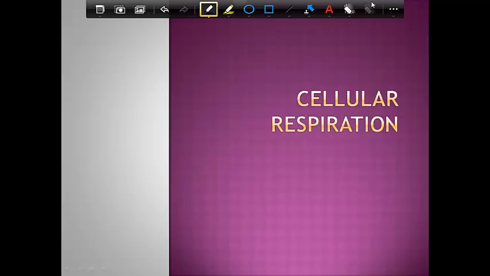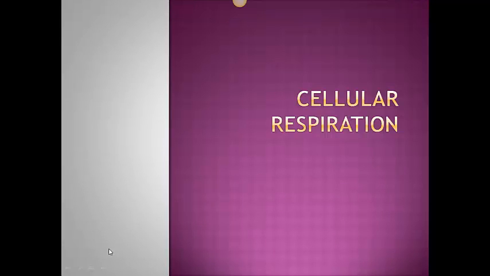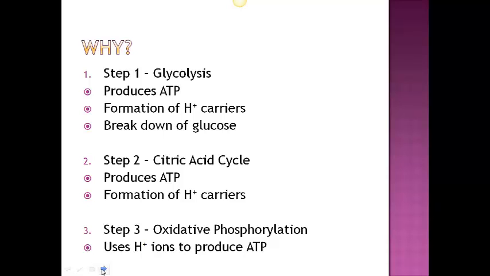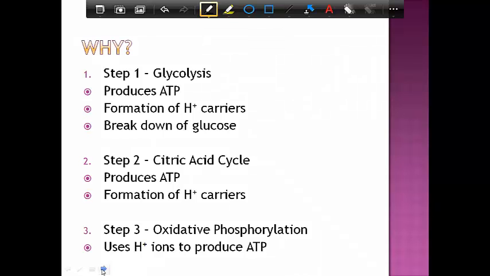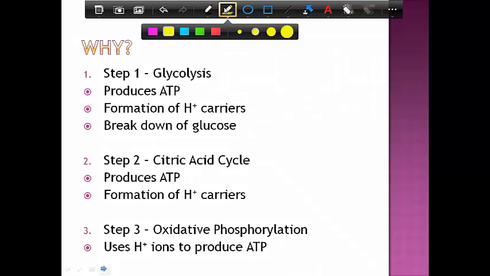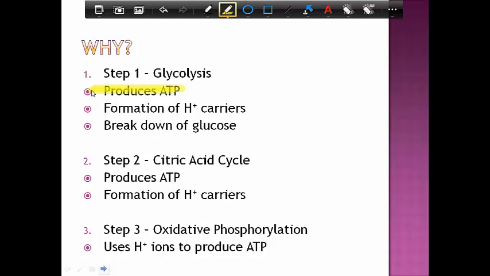Okay, a little bit more review before we get into the citric acid cycle. We talked about step 1, glycolysis, in the last vodcast. And remember, we didn't really make a whole lot of ATP in that particular reaction. It does make ATP, but only a small amount. The important thing that it does is it forms these hydrogen ion carriers, which I refer to as kind of like a school bus.